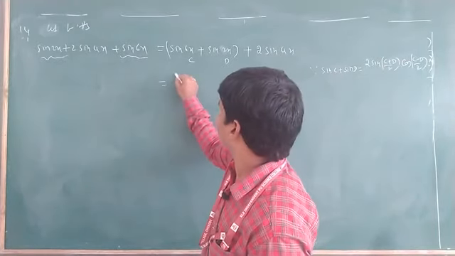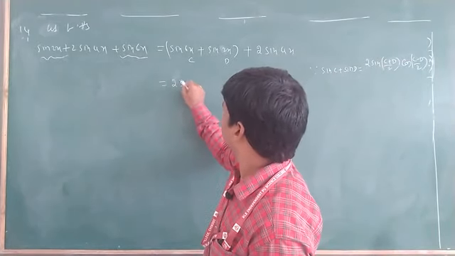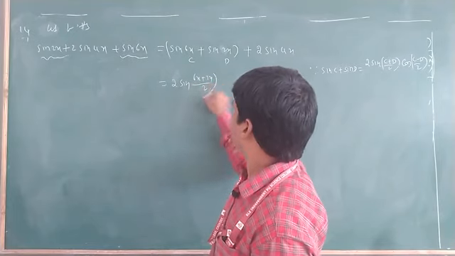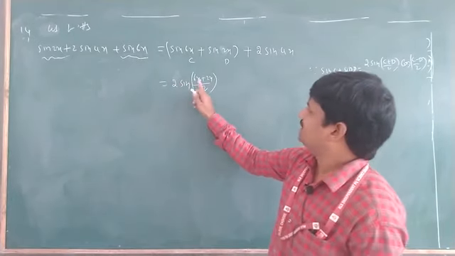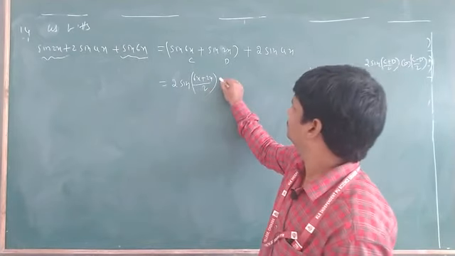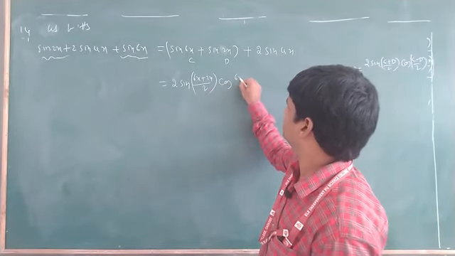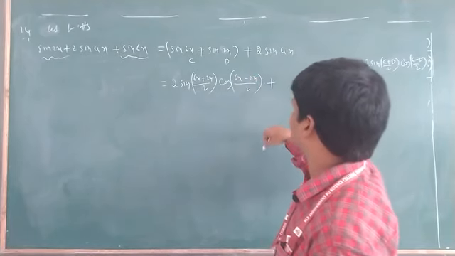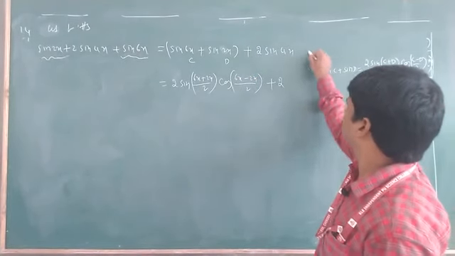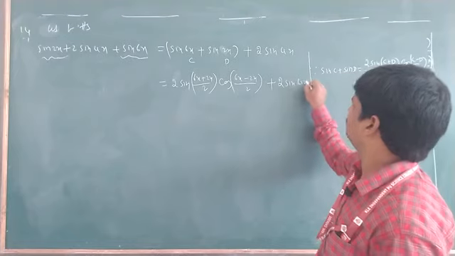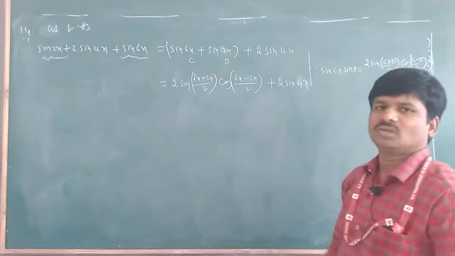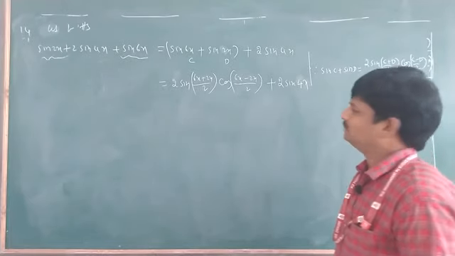So applying it, we get 2 sin of (c plus d) by 2 into cos of (c minus d) by 2, plus 2 sin 4x.